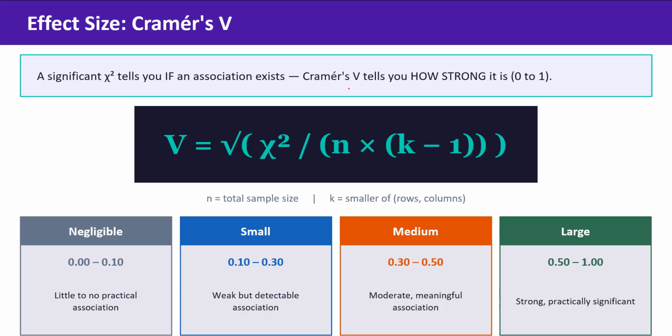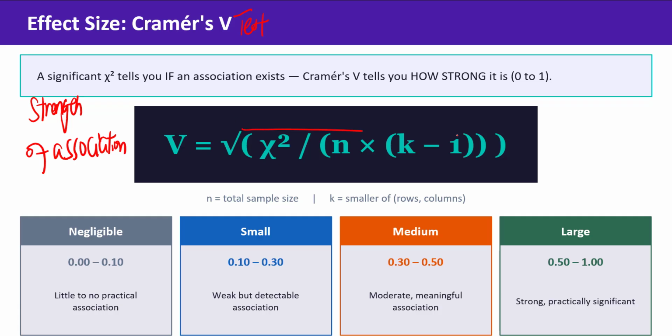And also the effect size, which is Cramer's V. When we test for independence, the association between the row variable and the column variable, and we want to figure out the strength of the association, we apply this test.